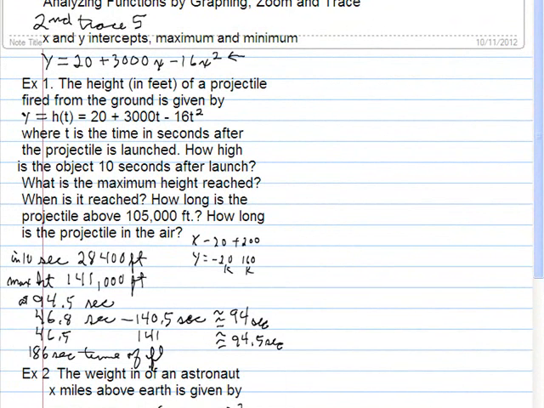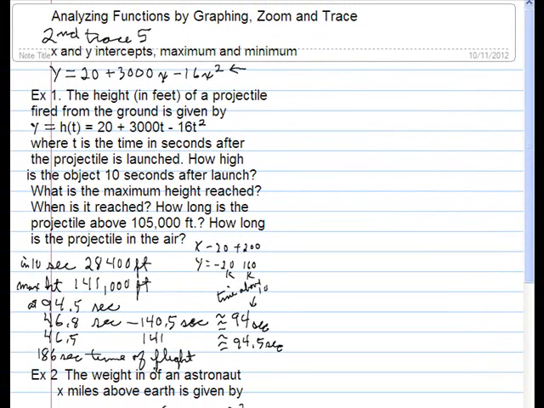Time of flight, carefully. 186 seconds. This was time above 105,000 feet. And we finished the first problem.